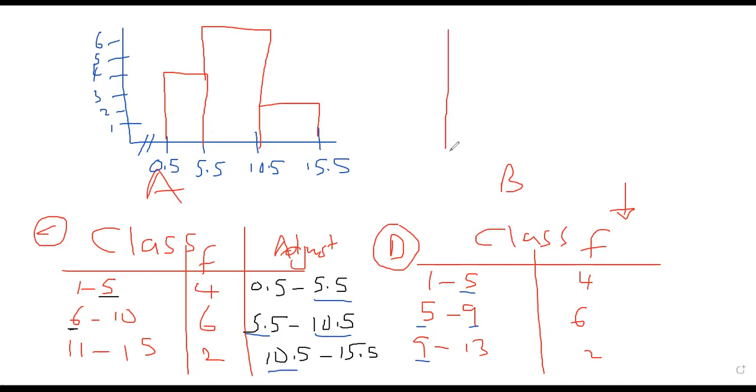So similarly, to draw this other histogram here, 1, 2, 3, 4. 1, 2, 3, 4. So we have 1, 5, 9, 13. So here we have 1, 2, 3, 4, 5, 6.